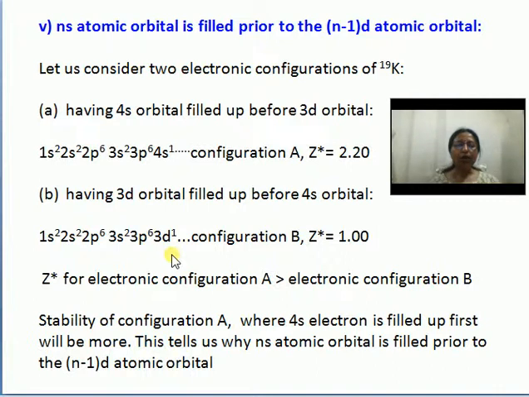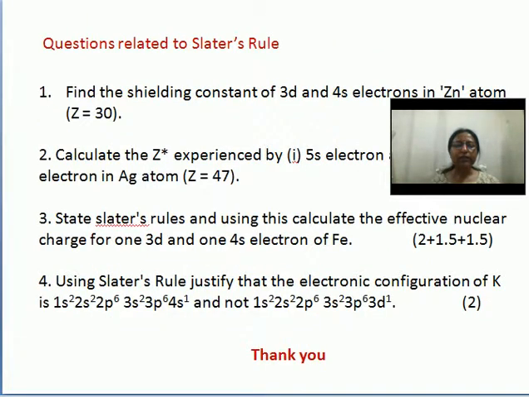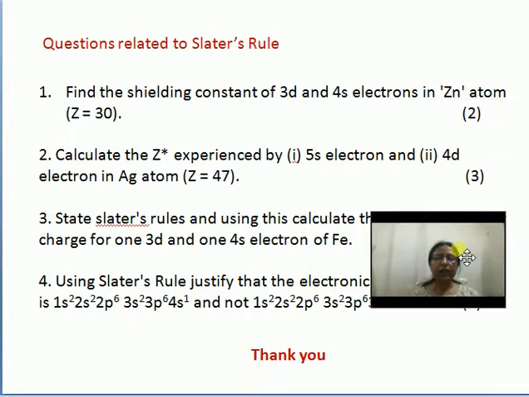Till now I have told you many applications of Slater's rule, and you should remember all the applications so that you will be able to apply them in all the problems given in the exams. Here I have written some of the questions which generally come in the examination.